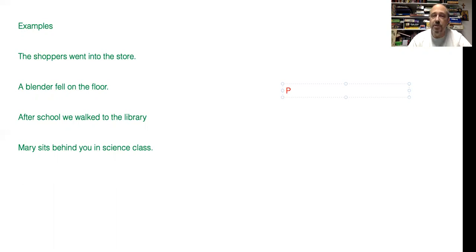And we label prepositions with a P, and we label objects of the preposition with an OP, as always. Okay, so my preposition here is into. And then I ask the question, into what? Into store. Very good. That's my prepositional phrase, into the store.